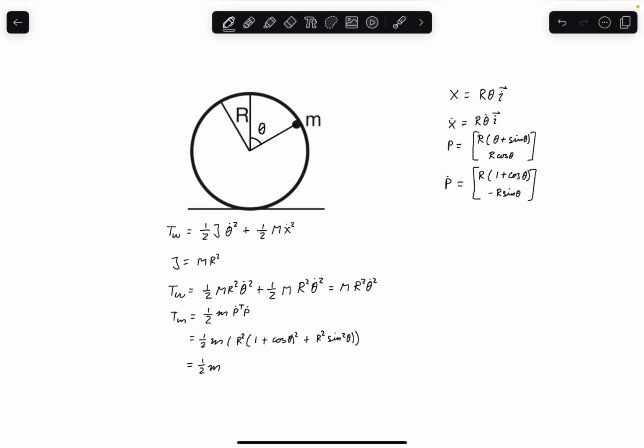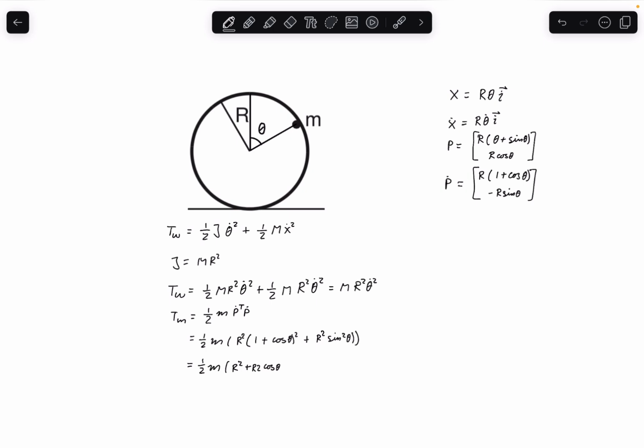We would therefore get 1/2 and then m again. And then if we solve this, we get r squared. And then we have this part multiplied by this part, multiplied by 2. So this is 2, and then cos theta. Yeah, and we also need to add the theta dot, so I just added it here.